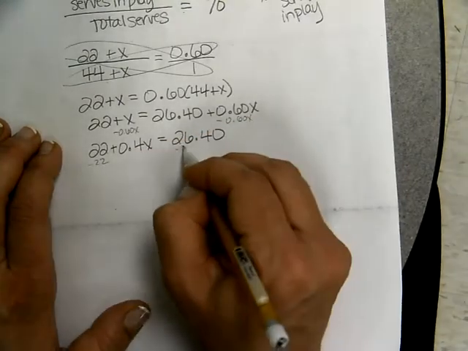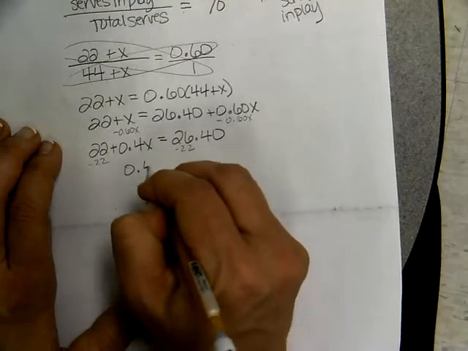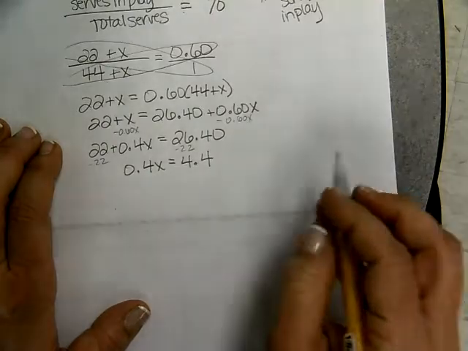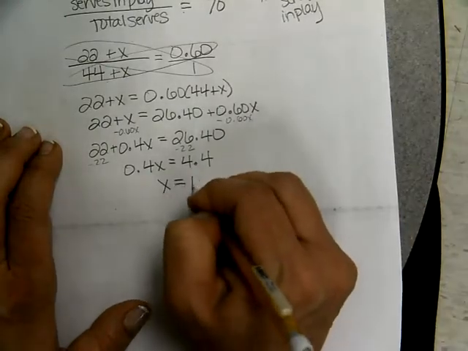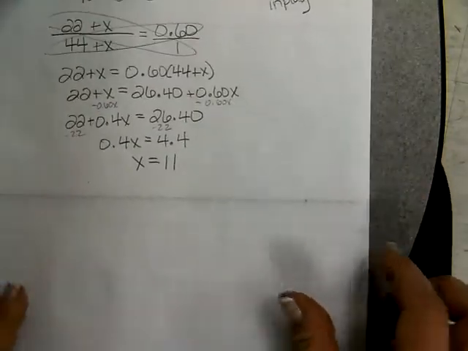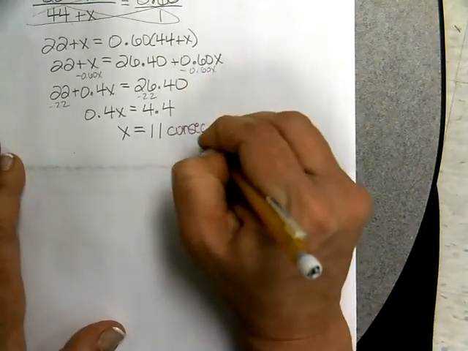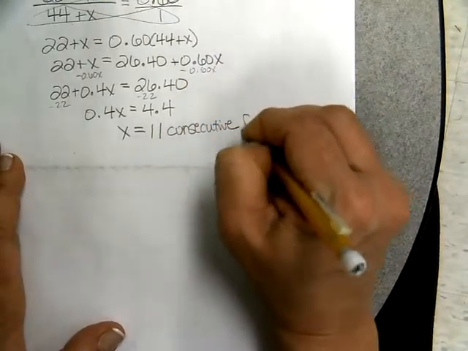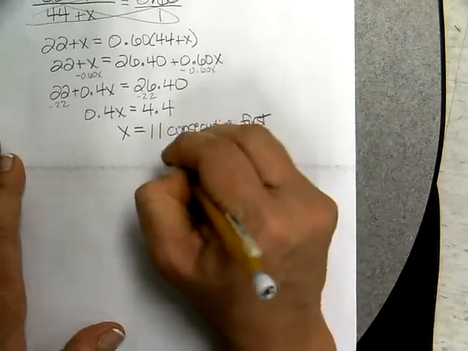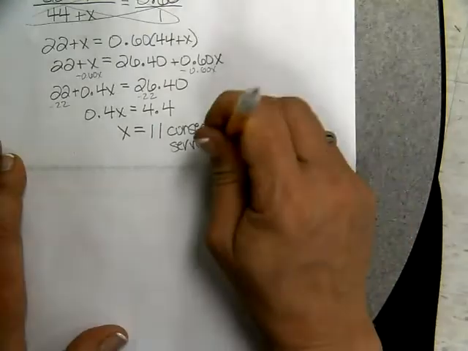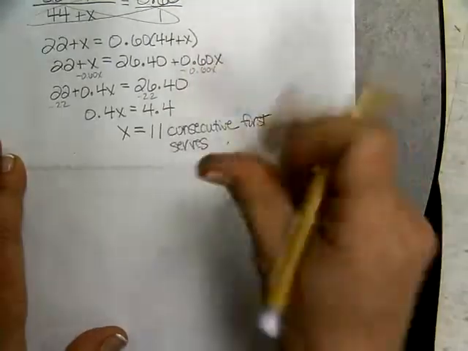Then I can subtract 22. And divide, and I get x equals 11. So I need 11 consecutive first serves in play in order to make my serving percentage 60%.